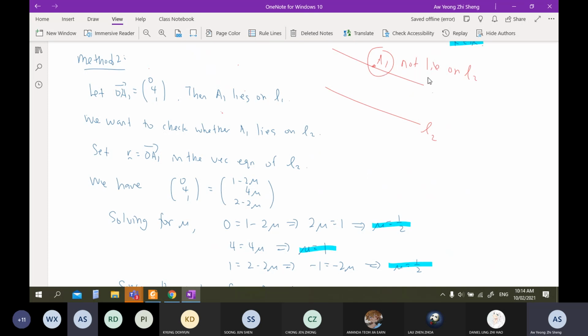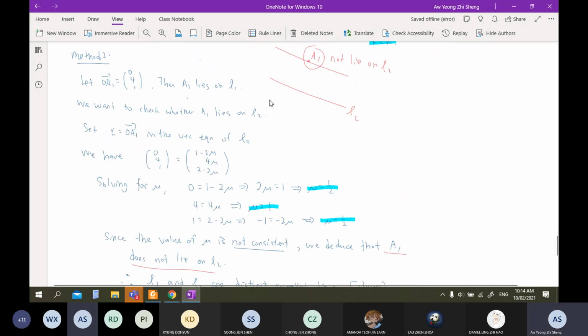The point on L1 doesn't lie on line L2. So this is just the same procedure as what we did on page 6. At page 6 earlier, in example 3, we learned how to check whether a point lies on a line or not. So method 2 will be a procedure which is the same as example 3.